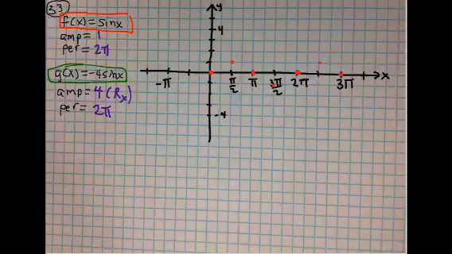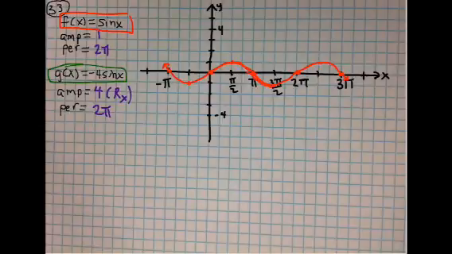On the negative side, the graph goes down, so it would have another 0 here, and then here would be a minimum. So here is the full period right there. It's kind of messy, sorry. And then it just continues. On the right it goes up and back down, and on the left it goes down and back up. So there are 2 periods right there.